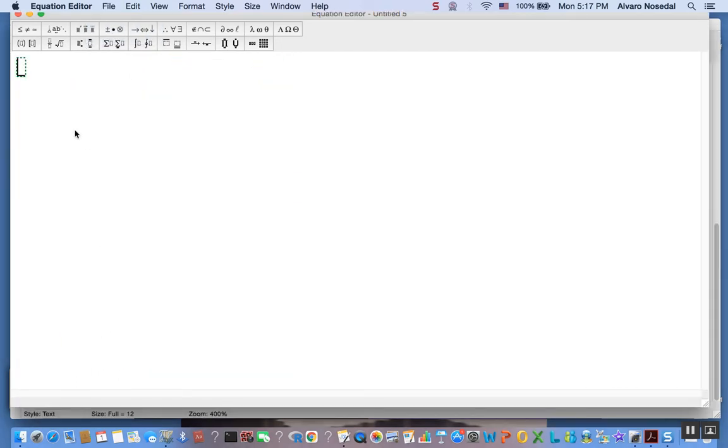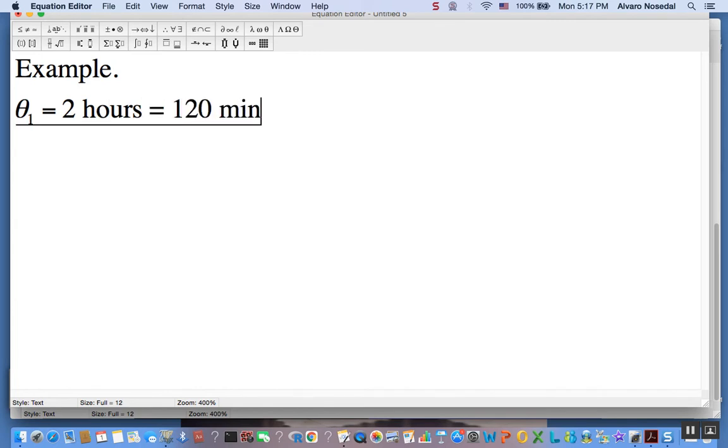So for that example, theta 1, the left end, is 2 hours, right? But how about we express that in terms of minutes? So 120 minutes, that's our theta 1.